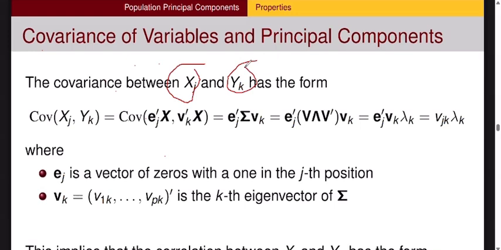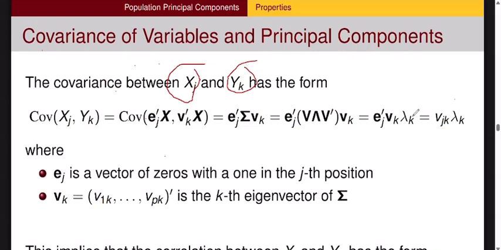What is zero is the covariance between any two principal components, the new variables. But covariance between the old one and the new one must not be zero. If they are correlated, it's sending an information that you've done a very great job.